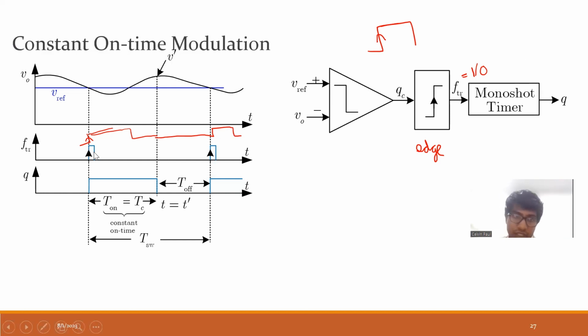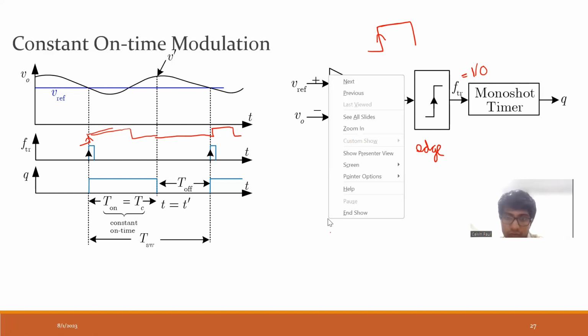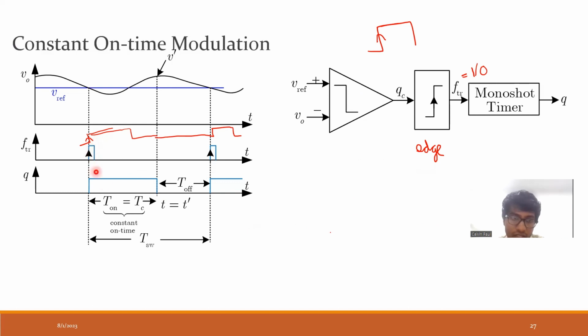So once the F trigger signal comes, the Q will be on for a fixed duration. So this is constant on-time modulation.